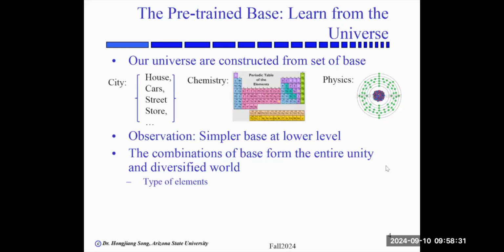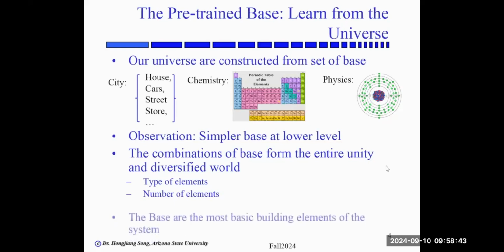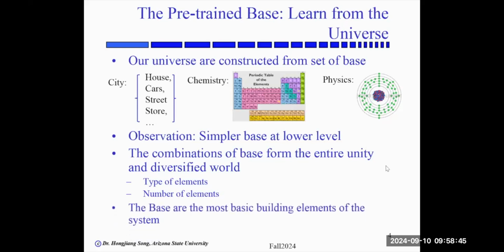The building structure is, first, combining different types of elements and, second, using different numbers of each element. These are used to build the world. These bases are the most basic building blocks for any system. Of course, this is also a pre-trained structure in all decision trees.